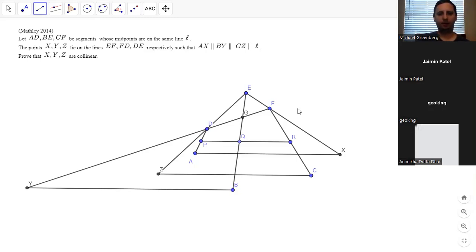All right, I'll spend maybe 10 more minutes on this problem before we move on. But yeah, it's a hard one, unless we figure out a new idea.